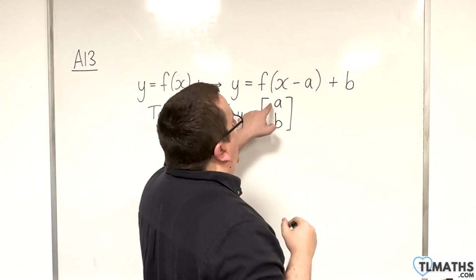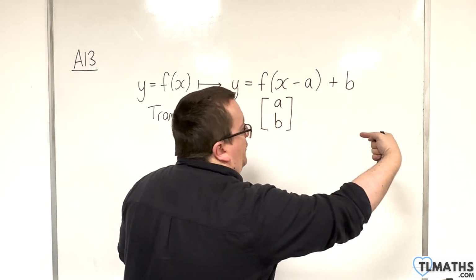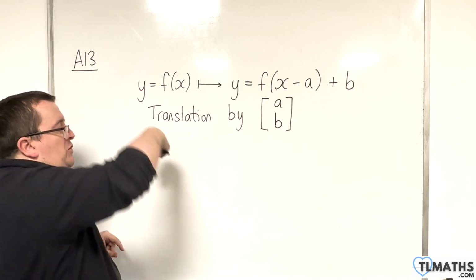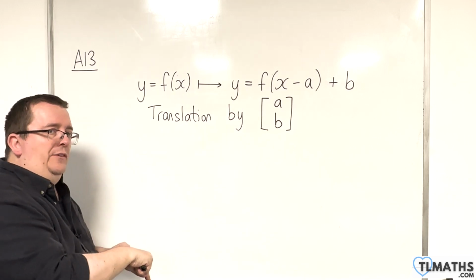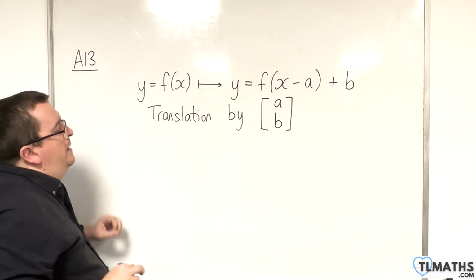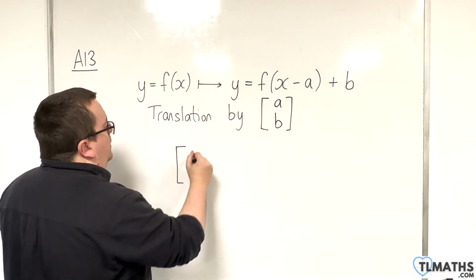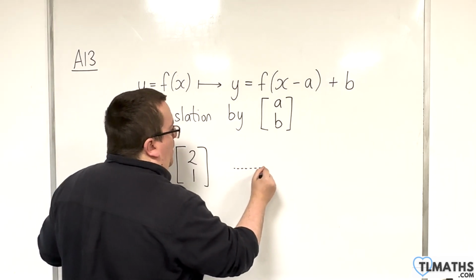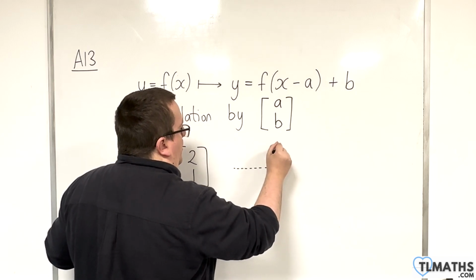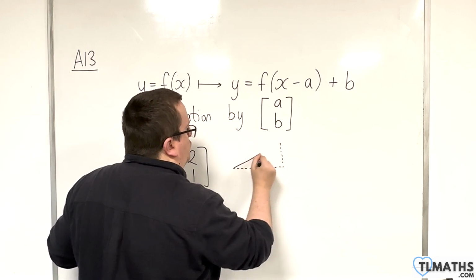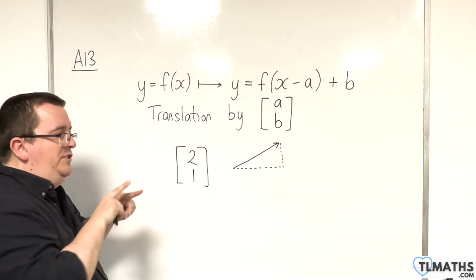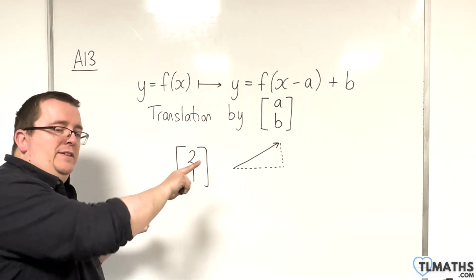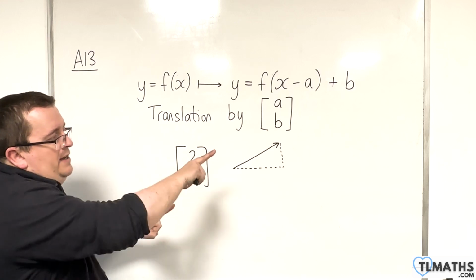So a could be negative, which means you go back along the horizontal axis, and b could be negative, which means you're going down the vertical axis. So for example, (2, 1) would mean that we are going 2 along and then 1 up, and so your direction would be pointing in this diagonal direction. And that would be a vector. So essentially it's like a line with a direction.